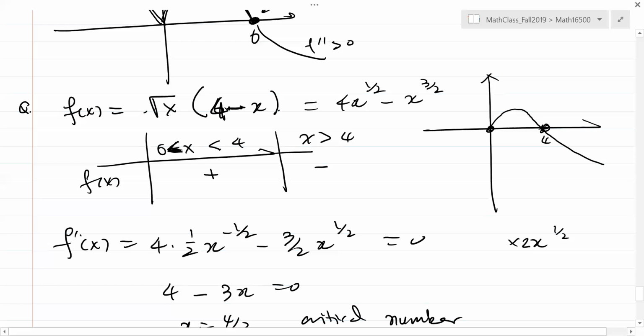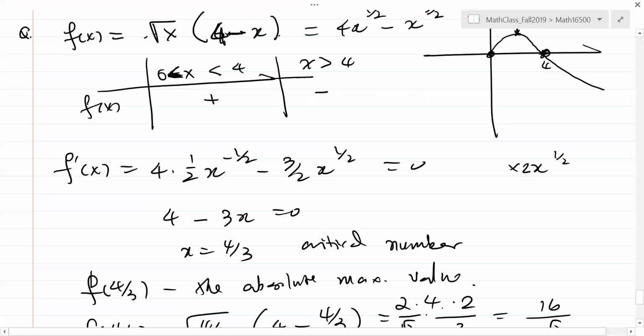Sketch the graph, not precise, because you really have to find the y value of the highest point. Then you find the first derivative of the function. Then you find the critical number, and my computation is okay here. I get 4/3.